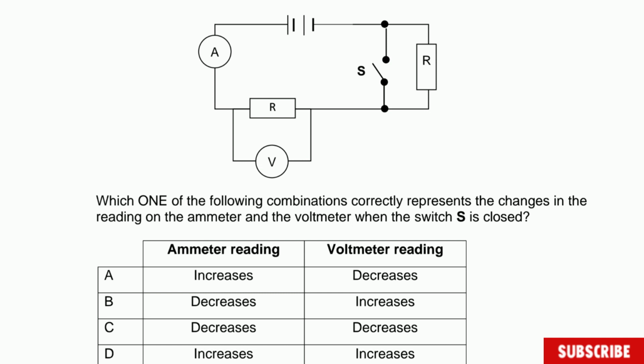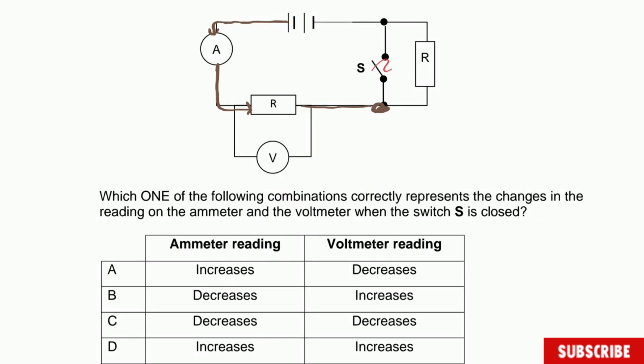The current is going to flow in this direction, all the way there. When you go to this point here, it goes straight, right? But if the switch is closed, what is going to happen?